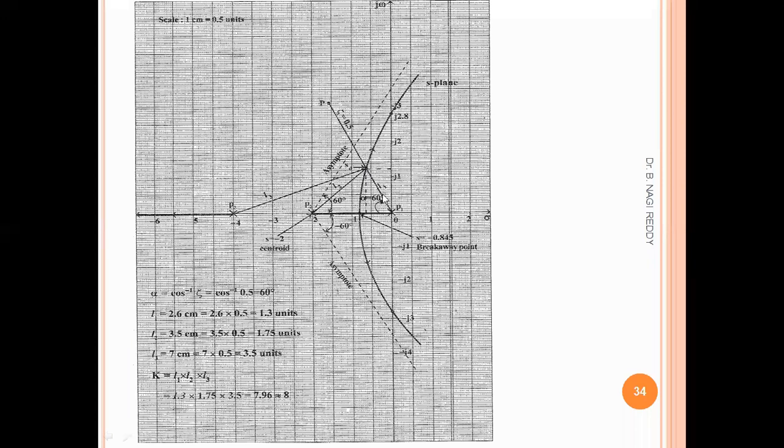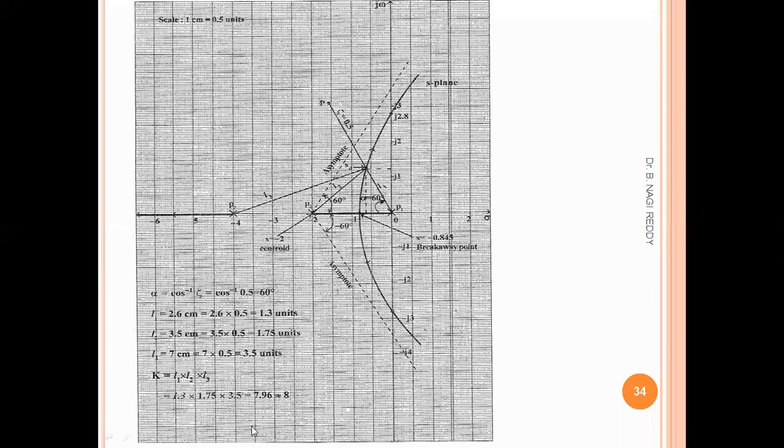From this base we have to take 60 degrees in the clockwise direction. We will get this point. Mark this point, take a scale and draw this line. Name this point as P. So O and P, we have drawn a line.